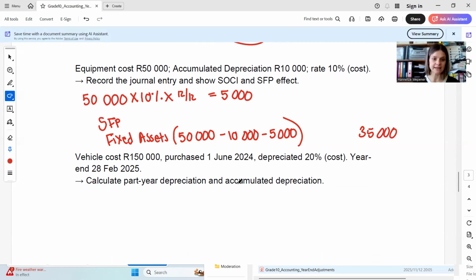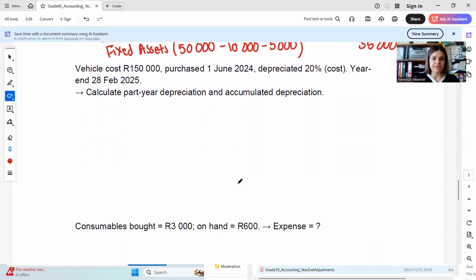Okay. Then a vehicle with a cost of 150,000 Rand was purchased on the 1st of June 2024. Your financial year end was 28 Feb 2025. You depreciate your vehicles using the straight line method, so on cost, at 20% per annum.